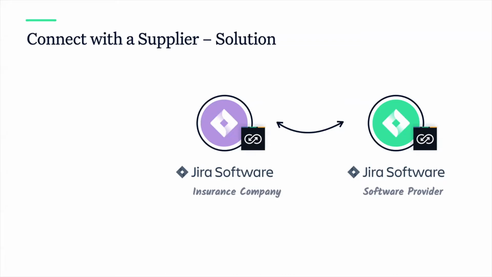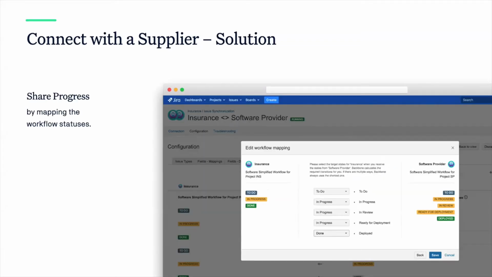In order to share the progress, they mapped the workflow statuses between the two instances. So for example, you can see here To Do. That's the same status. They also mapped the green statuses, Done and Deployed. And all the yellow statuses from the right-hand side they mapped to the In Progress status on the left side, in order to still have a mapping between the different workflows.